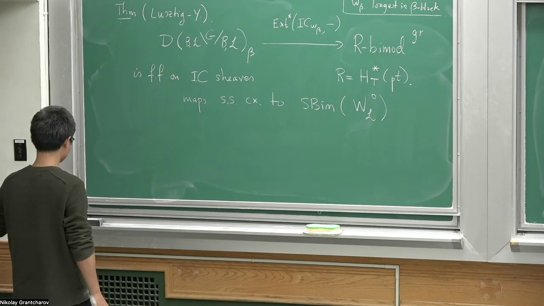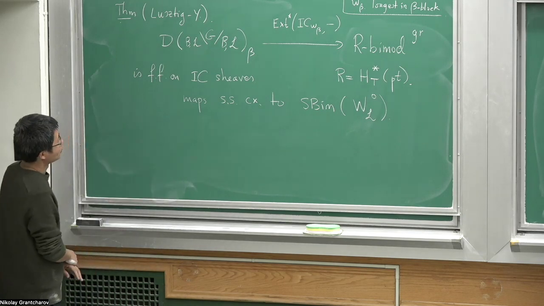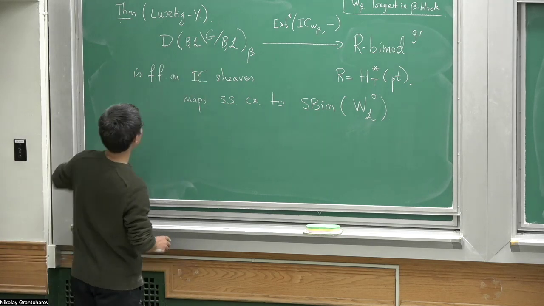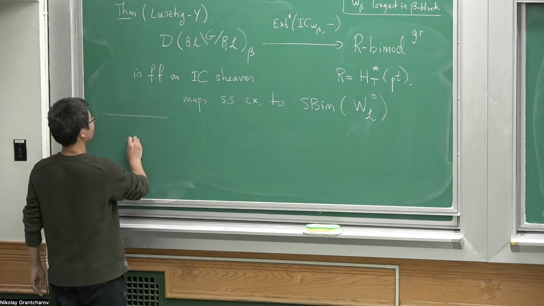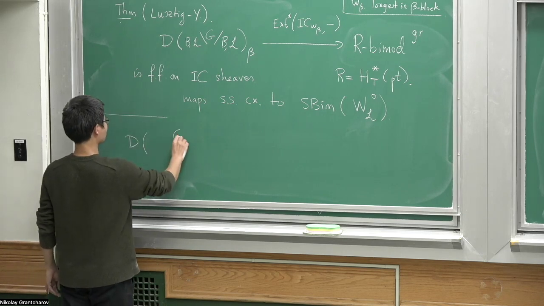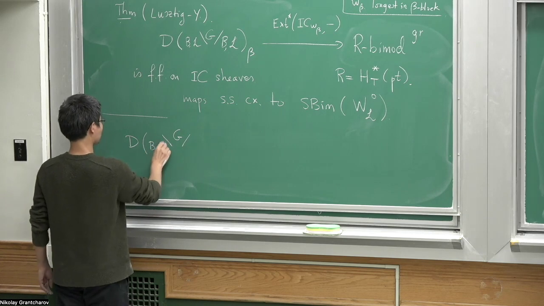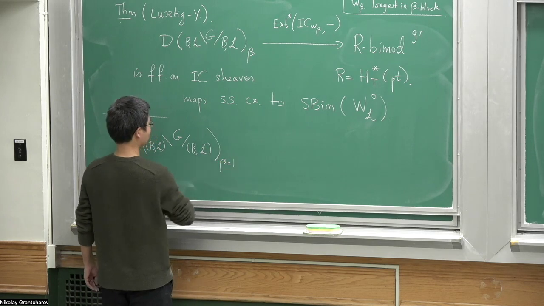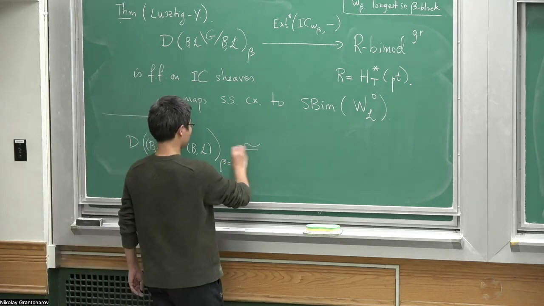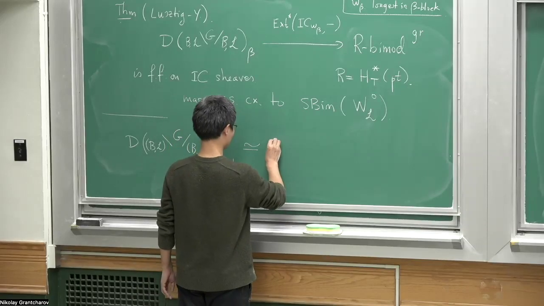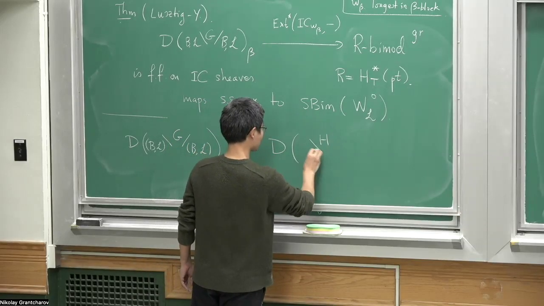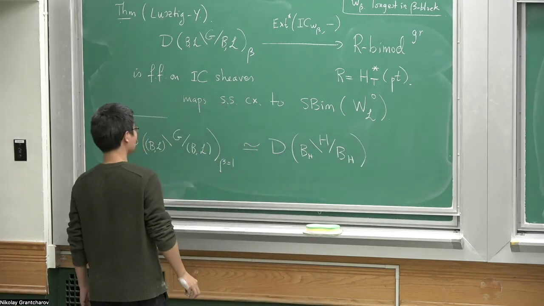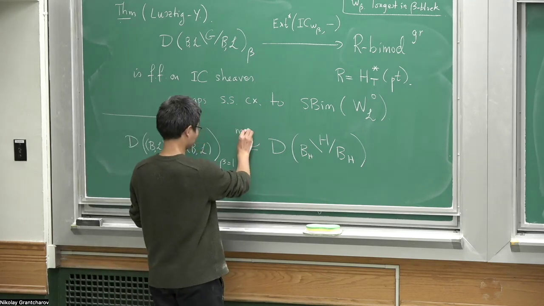So this was built up on this result. We proved that this category can be related to a similar Hecke category for a smaller group. Each block, let's just say for the neutral block, the beta equals identity, this is equivalent to the usual Hecke category for a smaller group.